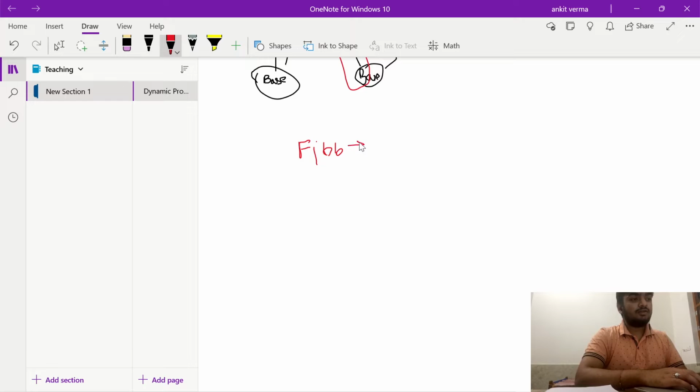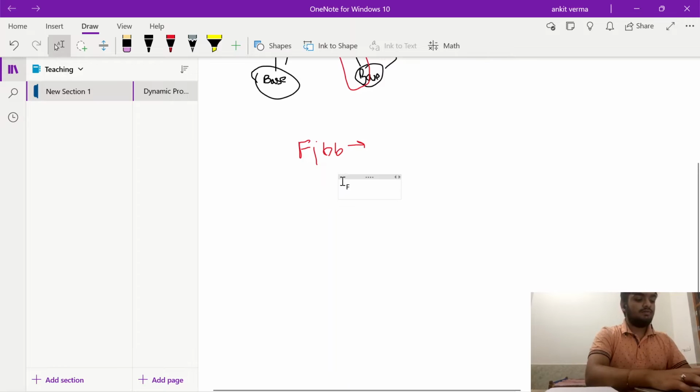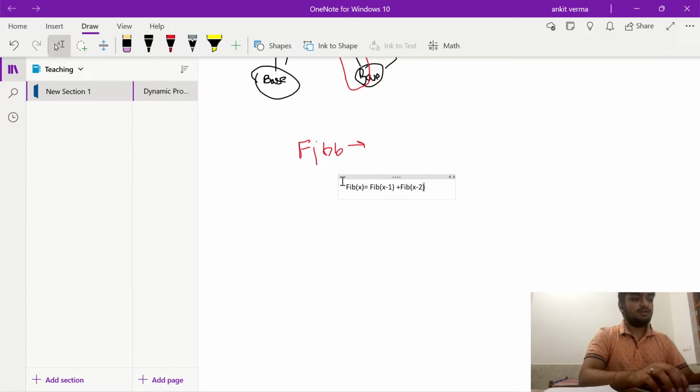So the Fibonacci number is: fib of x is equal to fib of x minus 1 plus fib of x minus 2. So this is basically a Fibonacci number.